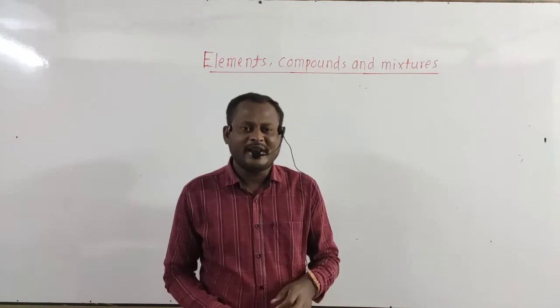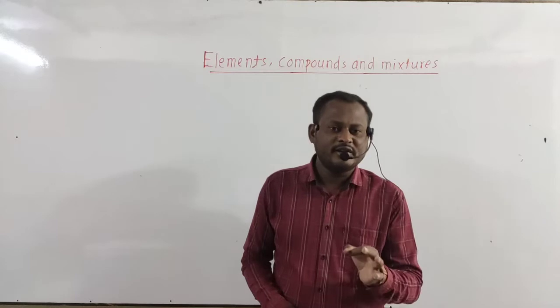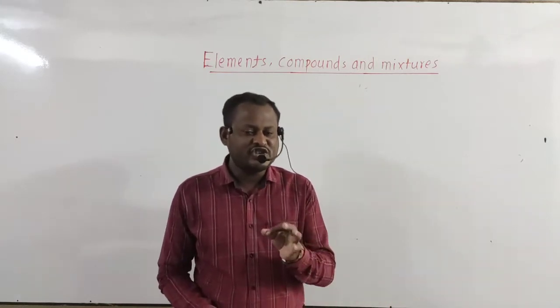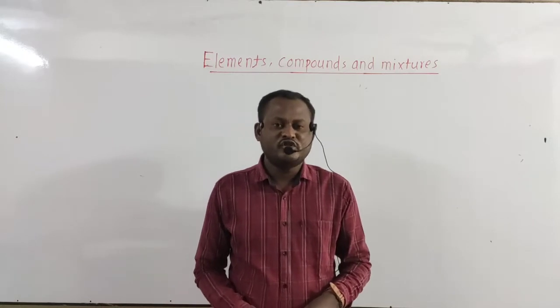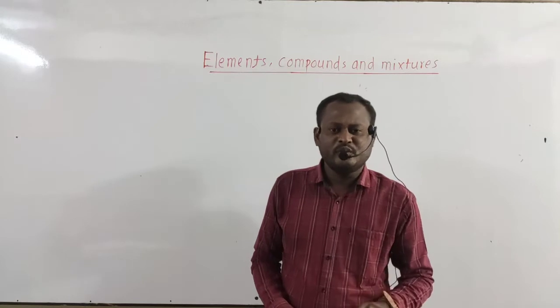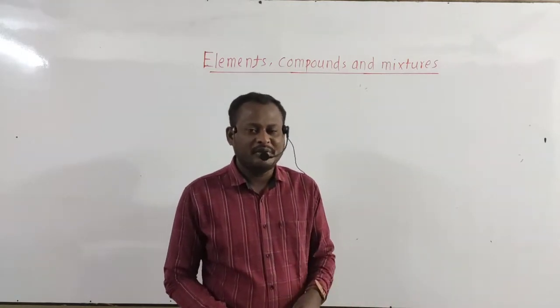Carbon is denoted by the letter C, chlorine is denoted by Cl, helium is denoted by He, hydrogen is denoted by H. We have discussed all these symbols of the different elements in previous lectures.